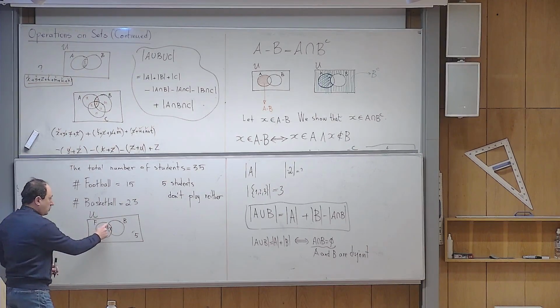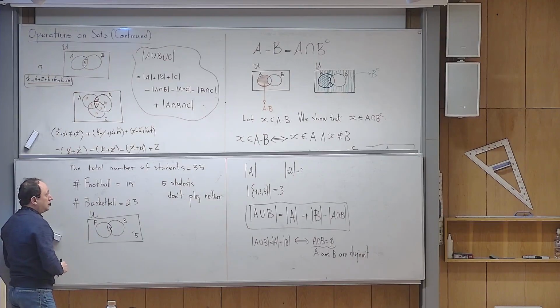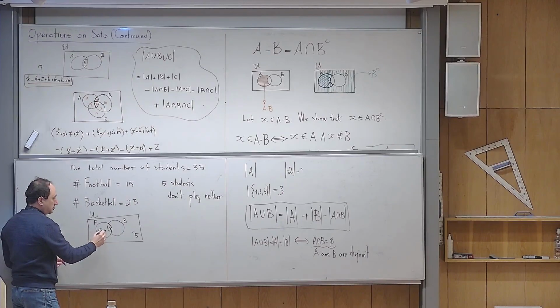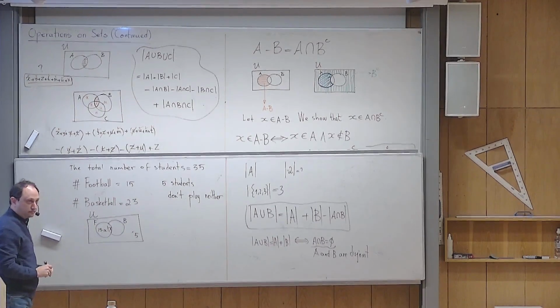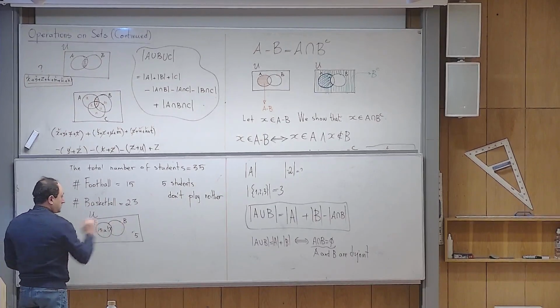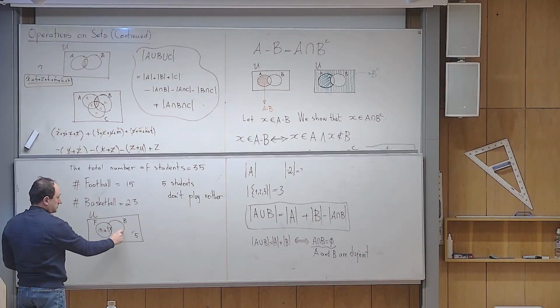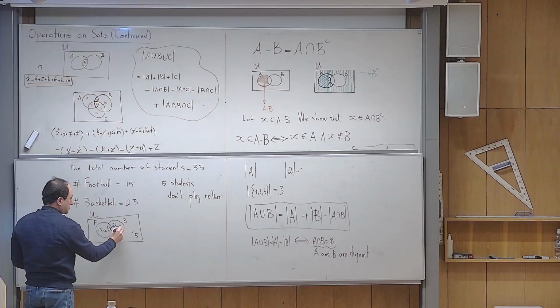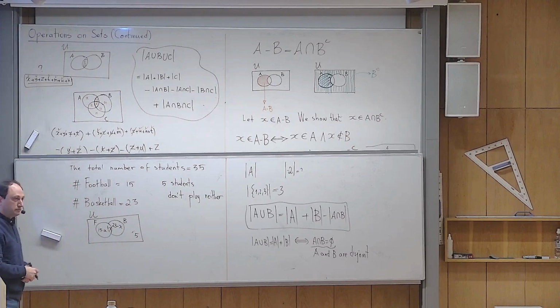But then, what is left for this part? I know the whole football players are 15. X of them are here, so what is left here is 15 minus X. Yes? And then what about that part? 23 minus X. This is what I know.